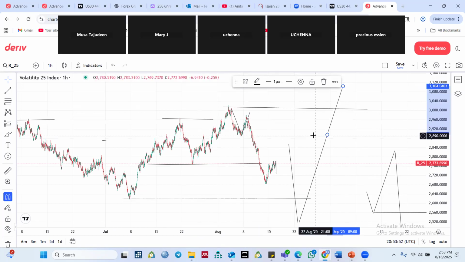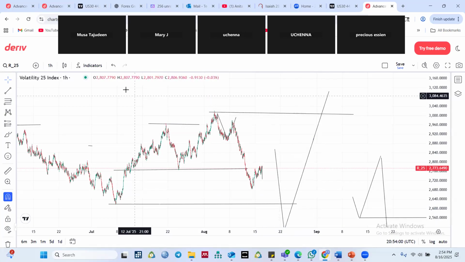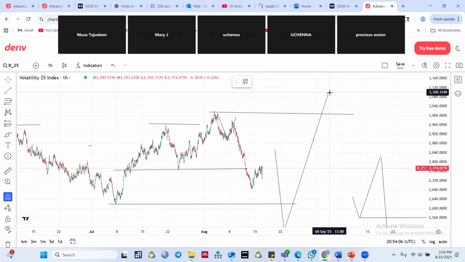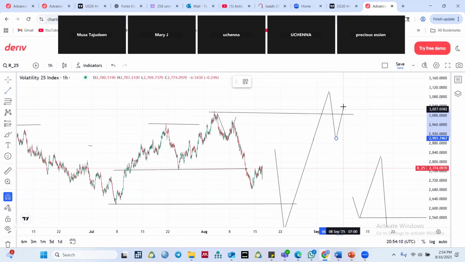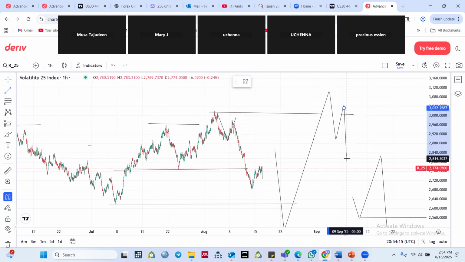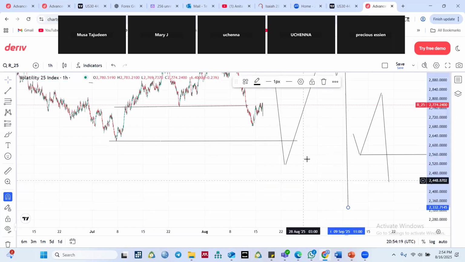So the only option is for market to come up, sweep all the stop losses, fill the buy orders, buy stops, and then fake that it has broken structure for a new high, then drop a little bit, go up again, and then fail once more. And this time we are going to have a big move that nothing will stop.